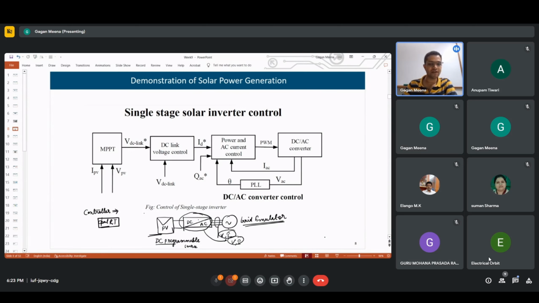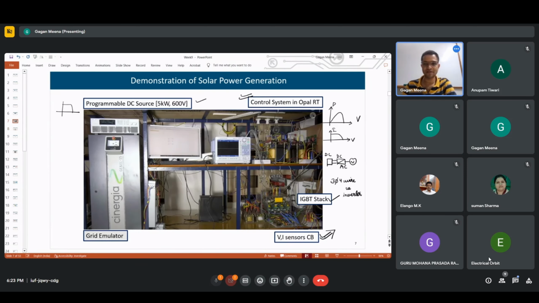This converter is a physical device, an IGBT stack. It's an actual converter. This is the load, and OpenRT is inside this system.